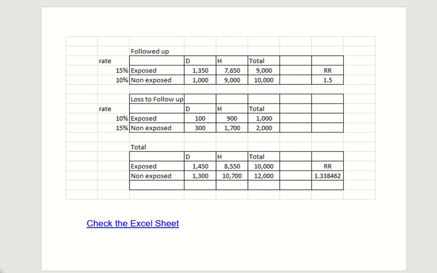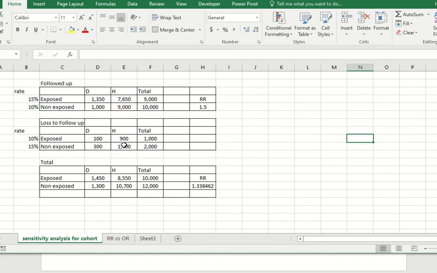I have prepared an Excel sheet where I can actually change these rates of occurrence of the outcome in the loss to follow up. Automatically it will update the table, update the total table, and update the hypothetical relative risk.